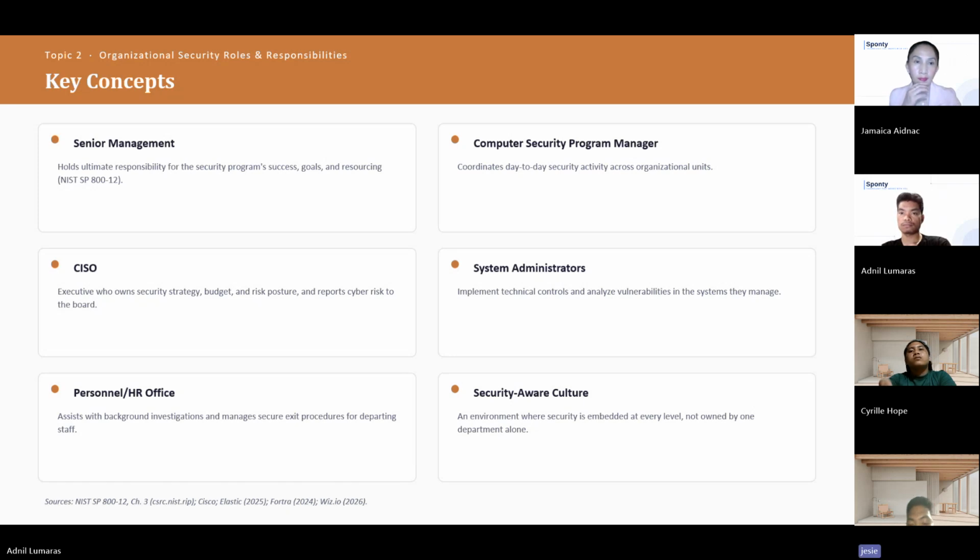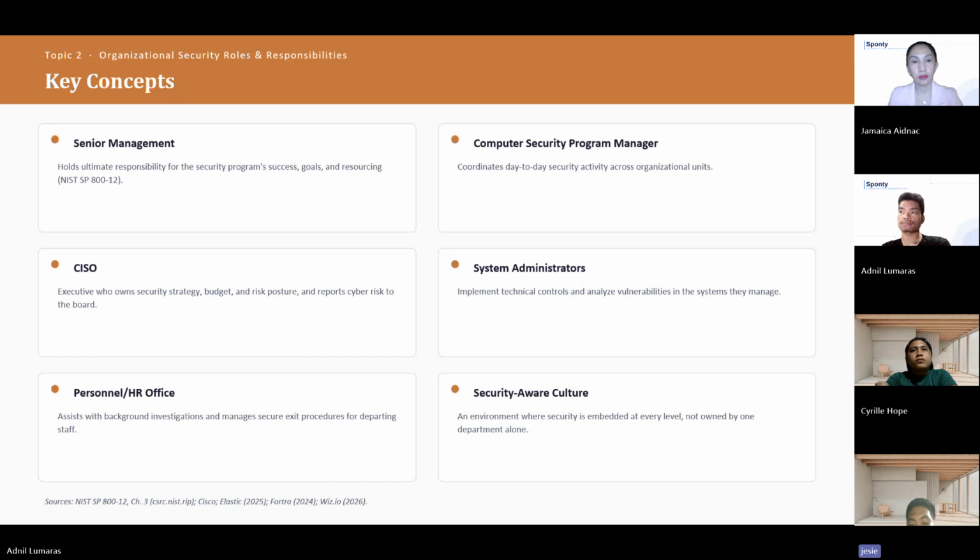Other specialist functions include risk and planning staff, who study organization-wide exposure, often at a macro level rather than performing technical analysis of individual systems, and communications or telecommunications staff, who secure the networks that connect everything else. Each of these roles has a narrower scope than the CISO, but together they form the technical backbone that turns policy into working defense.